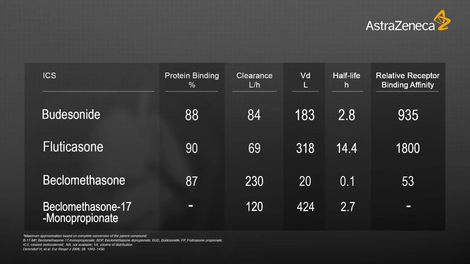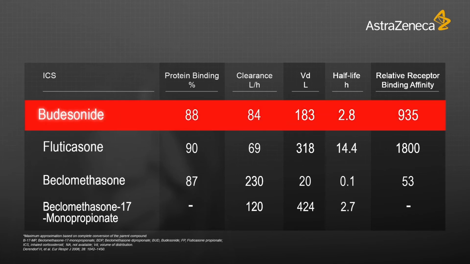Systemic potency of ICS is influenced by many parameters such as lipophilicity, volume of distribution, elimination half-life, and receptor binding potency. The systemic potency of budesonide is low as compared to fluticasone and beclomethasone.